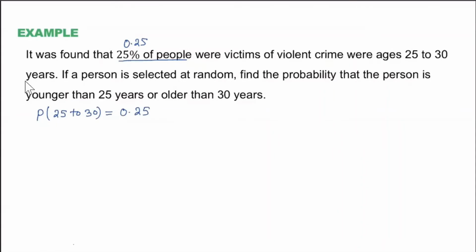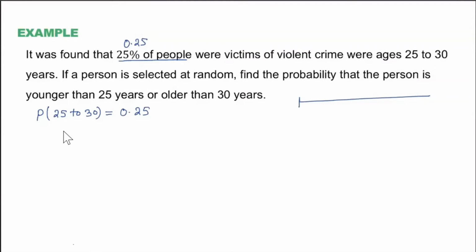Okay, so that is given to you. For people in this age group, 25 to 30, who are the victims of violent crime, the probability is 0.25. If you think of the age of people, this is how we can think of it.